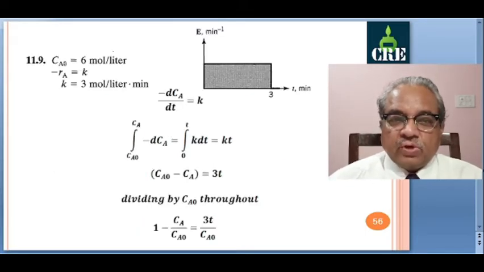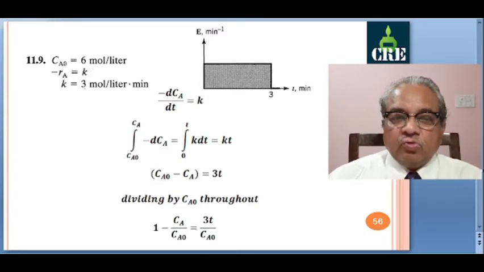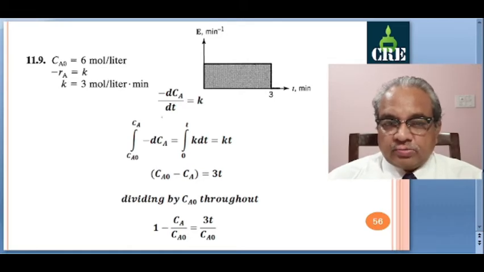Next is 11.9. Now here the E curve is given, so 0 to 3 minutes, and the E value will be 1 by 3 here. Ca0 is 6, minus Ra is equal to K, K is equal to 3, zero order. So minus dCA by dt is equal to K. So we separate the variables.